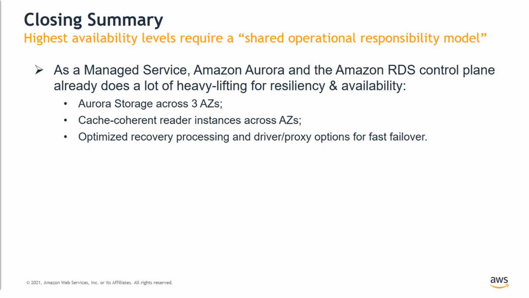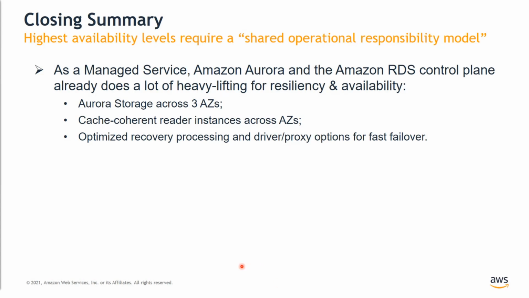So things like distributing storage across 3 AZs for durability and resiliency. Having reader instances that can be set up across AZs and maintaining cache coherence between those, having optimized recovery and both proxy and driver options for fast failover, right? A lot of that is kind of hidden.